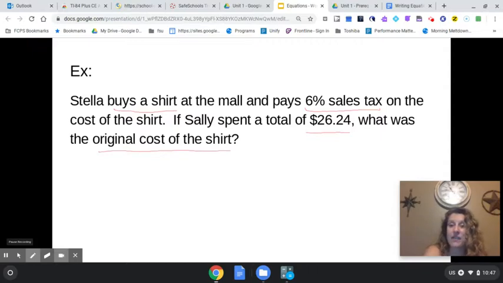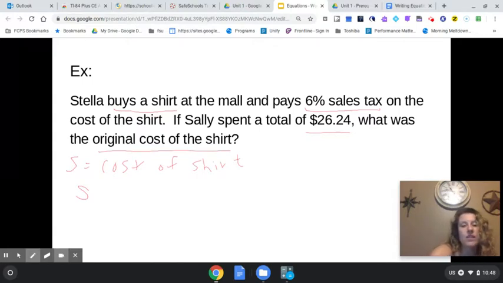Okay, so if we identify a variable, I'm going to say S. S equals the cost of the shirt. There's a couple different ways that we can set this up. So I'm going to show both ways, and then you guys can pick which way you like best. So she's going to buy the shirt. We don't know the cost of the shirt, so that's S. It says that she also pays 6% sales tax.